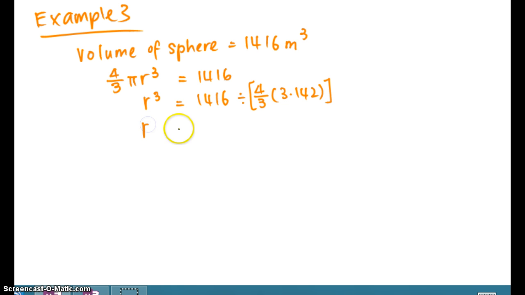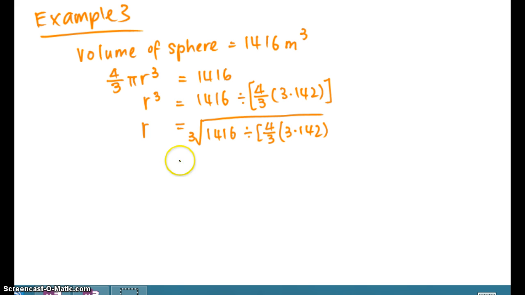In order to find r, you have to cube root, and this will give you the answer as 6.97 meters when you round off to 3 significant figures.